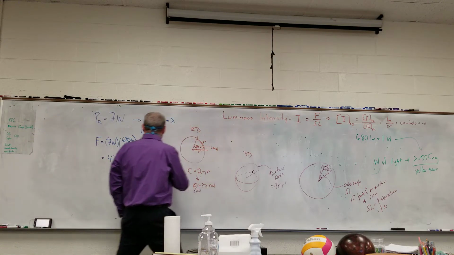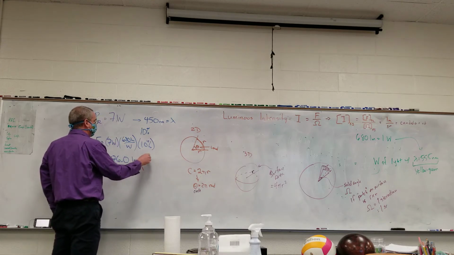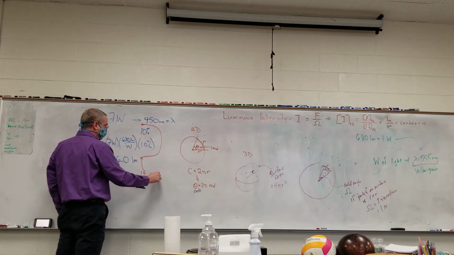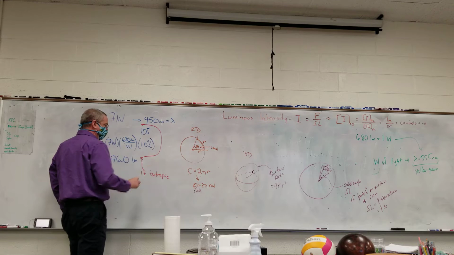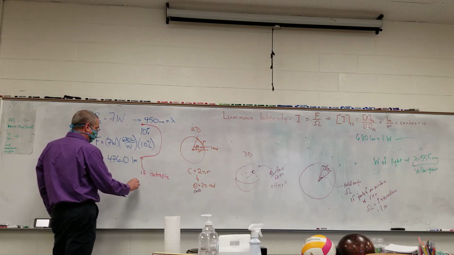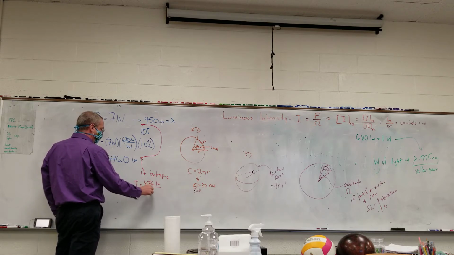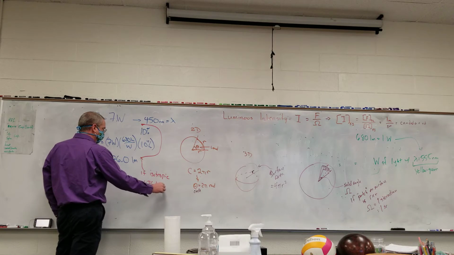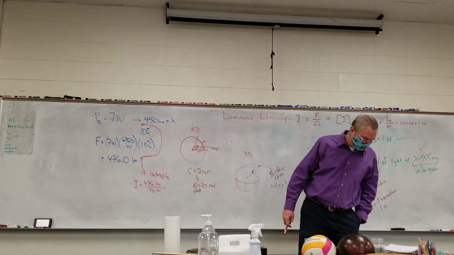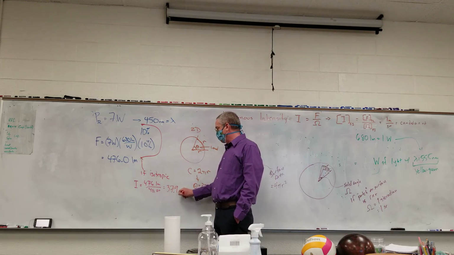So if this is isotropic, I guess that's the description of the bulb, in other words, the same in every direction, then my luminous intensity will be 476 lumens divided by 4 pi steradians, and whatever that is, 37.9 candelas.